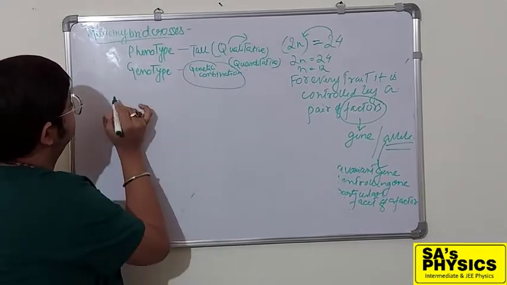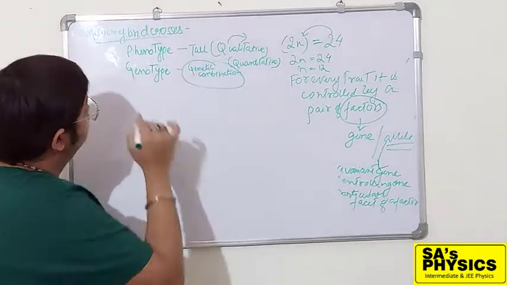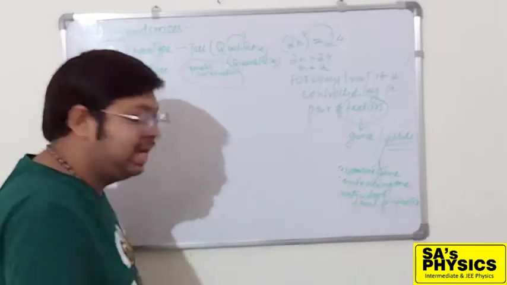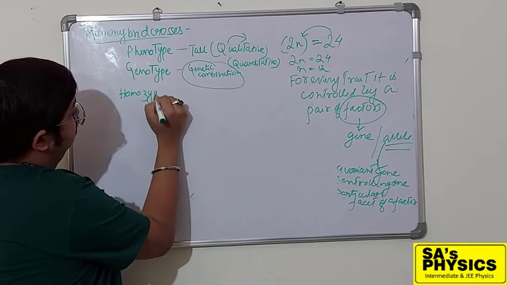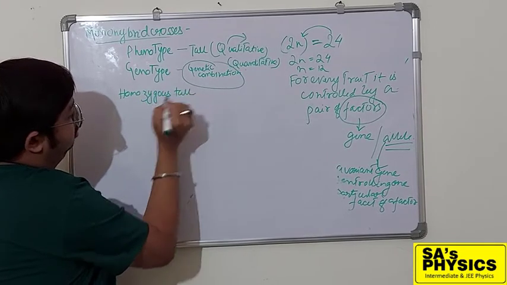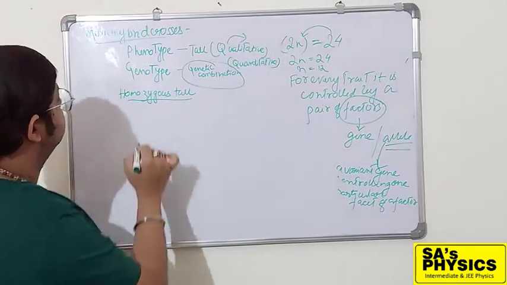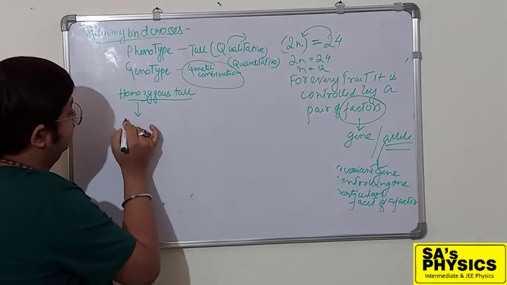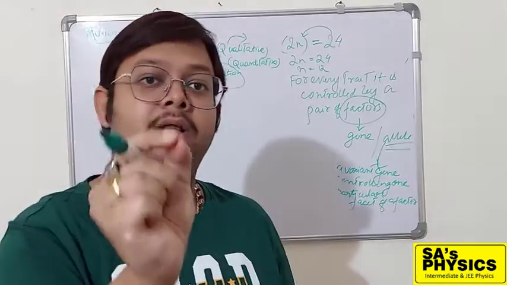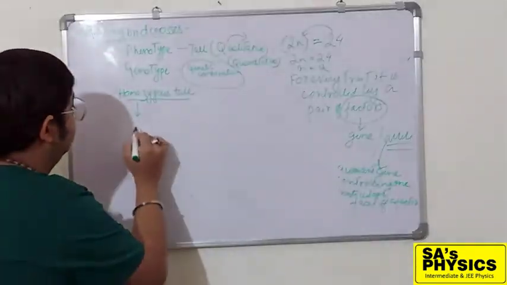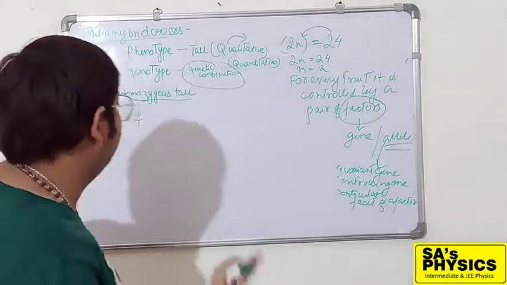Right? Now, suppose, for example, if we say that we crossed a homozygous tall plant, homozygous tall, right? And whenever we are saying homozygous, this term basically means that the form of the allele that is governing the trait, they are the same form of the allele. They are not contrasting forms of the alleles.